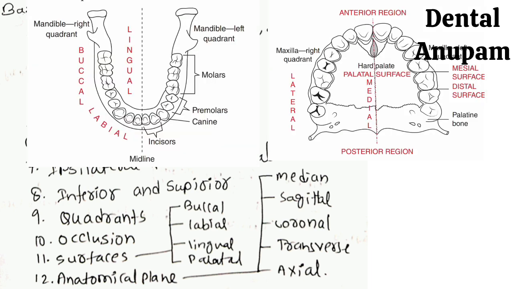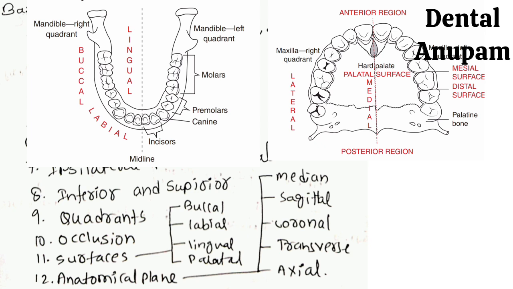Quadrants are more important in dental studies. A quadrant is an anatomical segment formed by division of the maxillary or mandibular arch by an imaginary midline. It divides the arch into a left half and a right half.